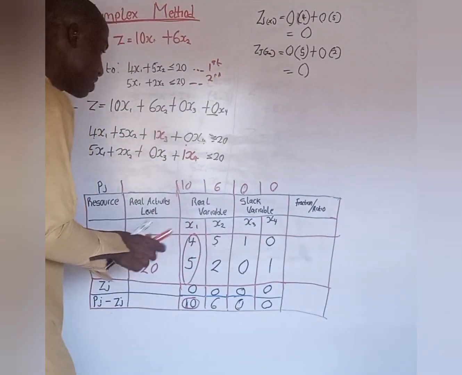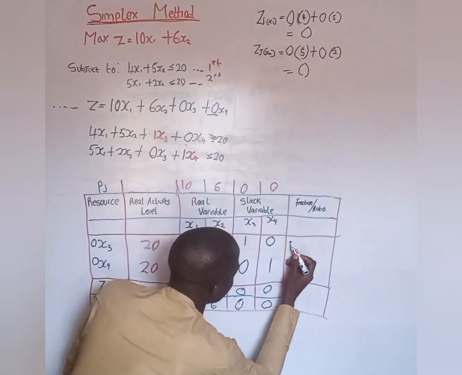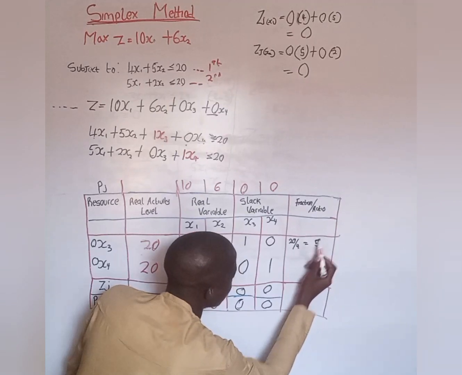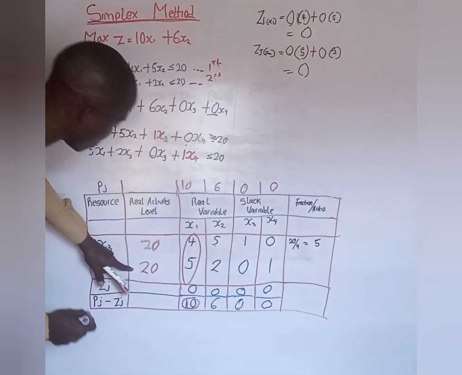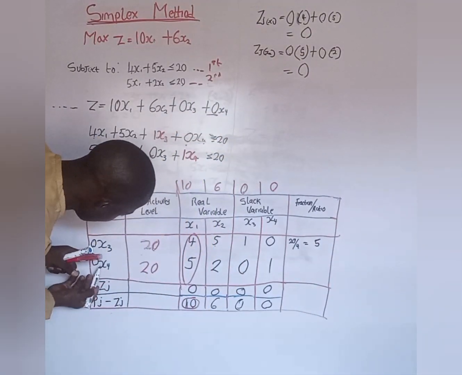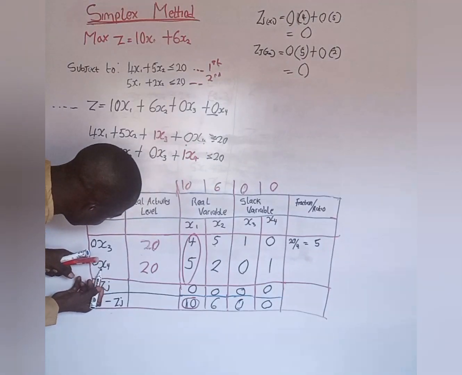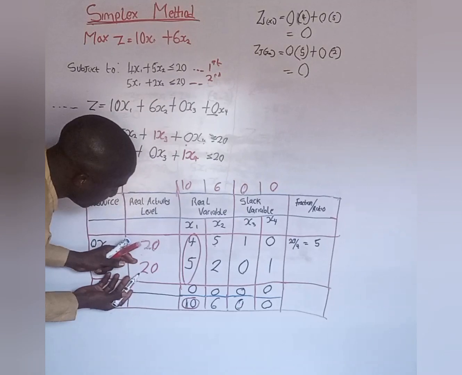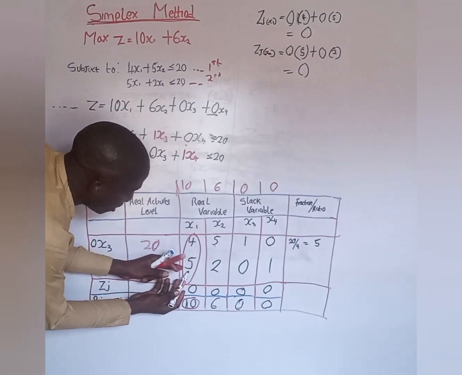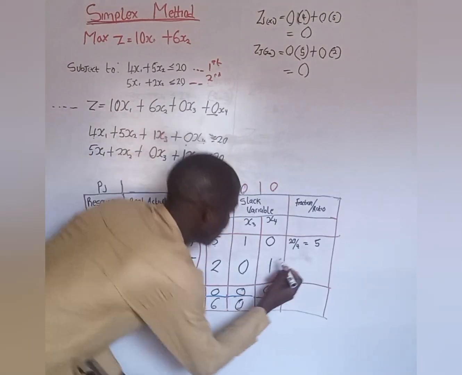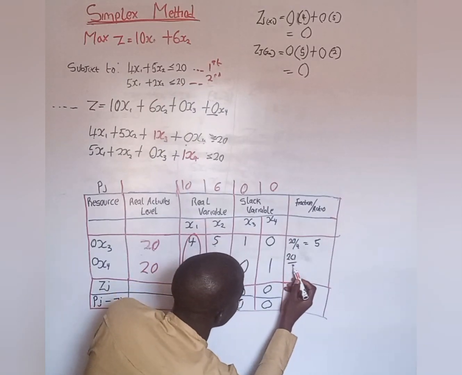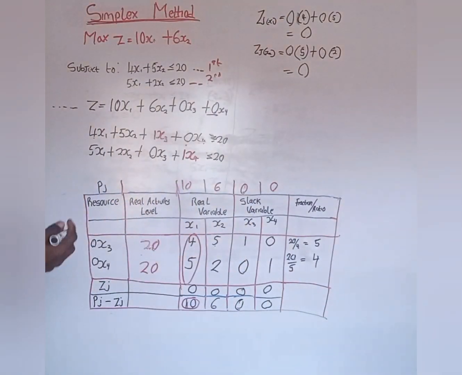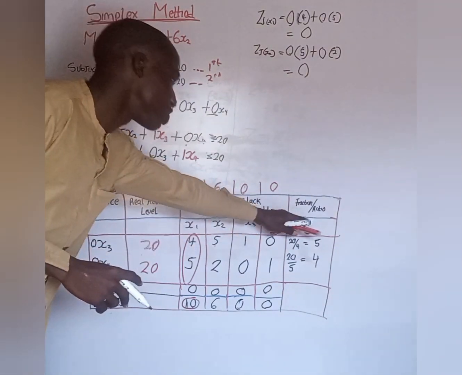So I'm going to be having 20 divided by 4, which is 5. And for the next one, which is x4, I'll be dividing 20 by the corresponding key column element. So I'm going to be having 20 divided by 5, which will give me 4. So I have my fraction ratio.